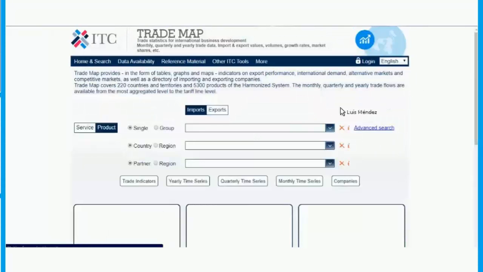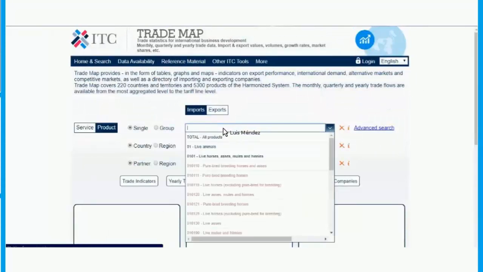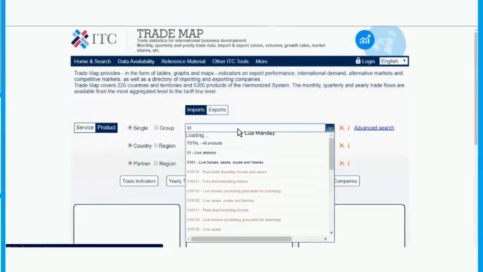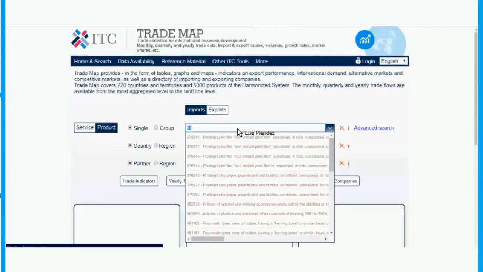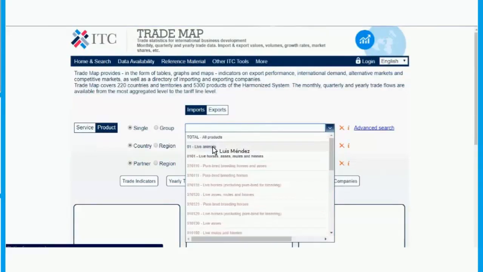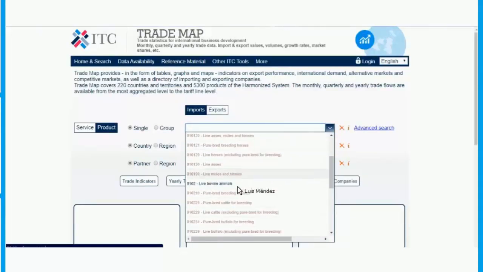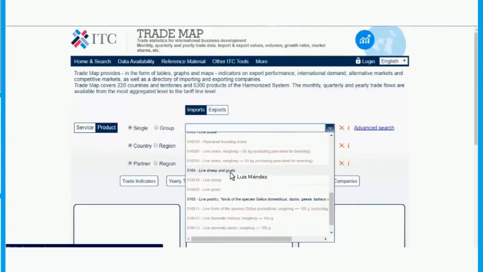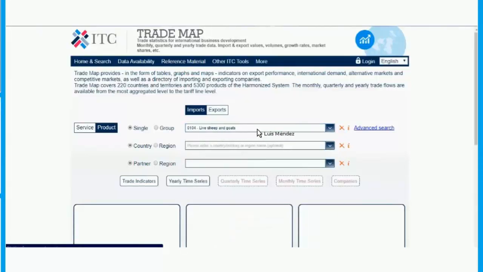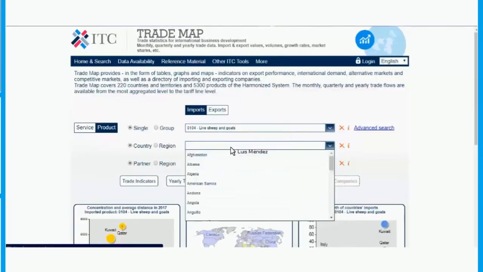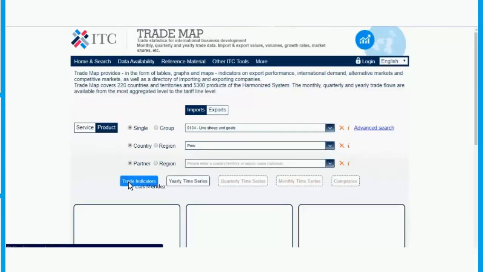So in this case, we can see imports from, let's say, animals, let's say live sheep and goats. From which country? So we're going to see imports from Peru, and we're going to see the trade indicators.